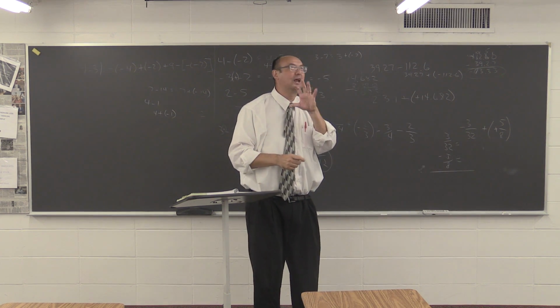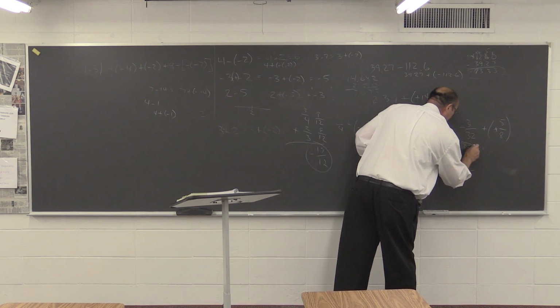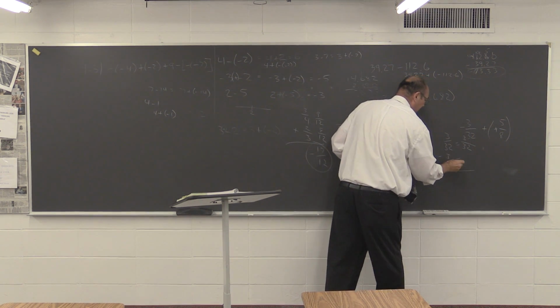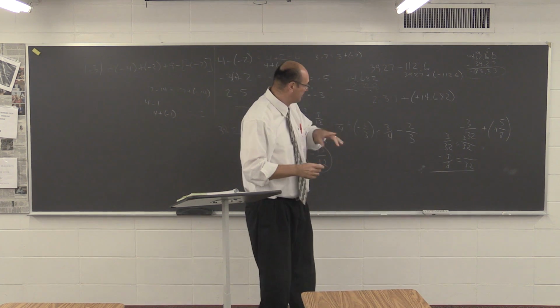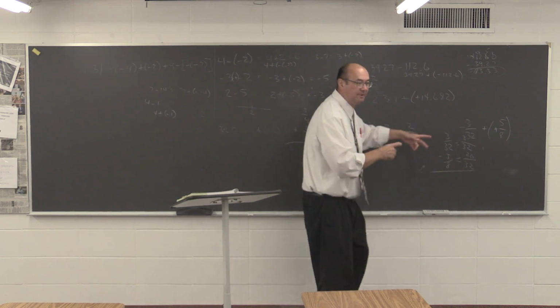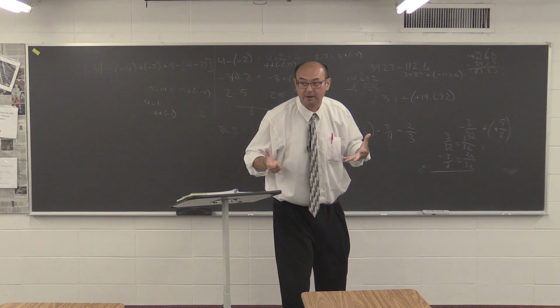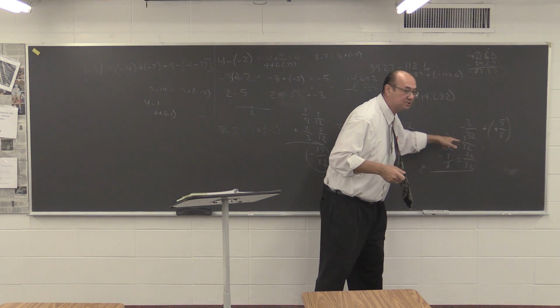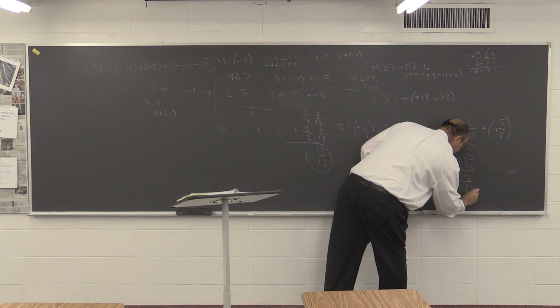Least common denominator, 32, right? Okay? 32. This is probably going to stay as what? 3. Okay? 8 times 4 gives me 32. 4 times 5? 20. Okay? Now, it doesn't matter whether it's top or bottom. I just know that I'm going to subtract them. So what is 20 minus 3? 17. So 17 over 32.